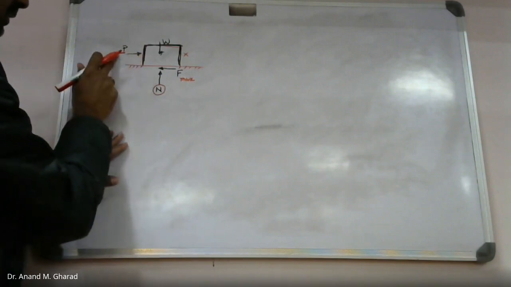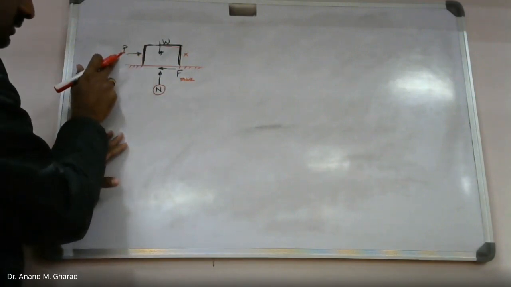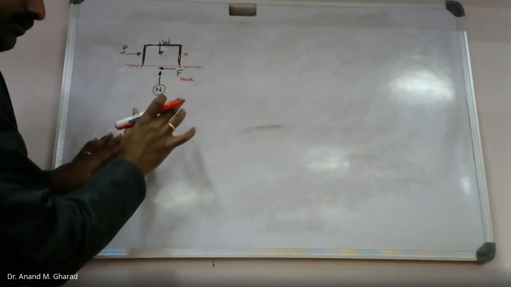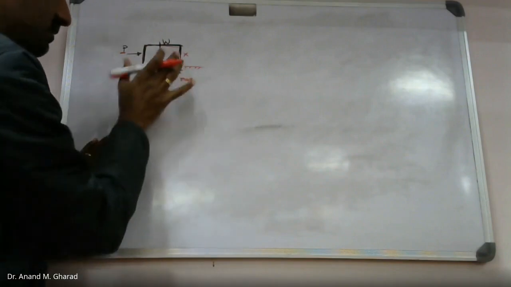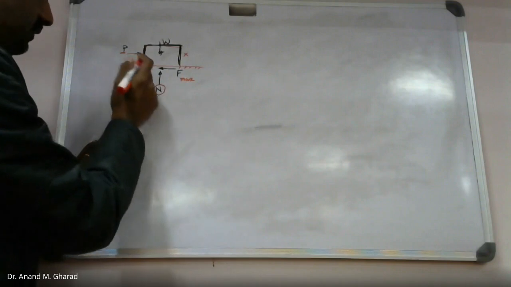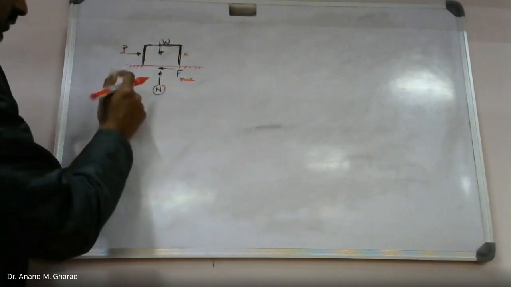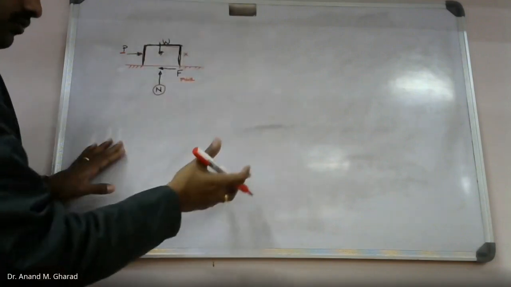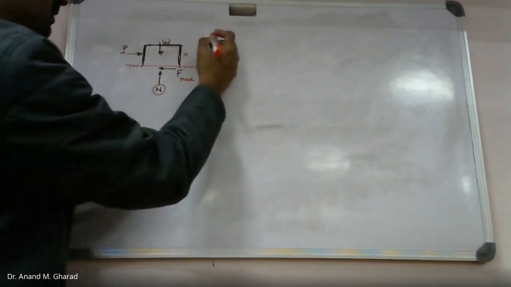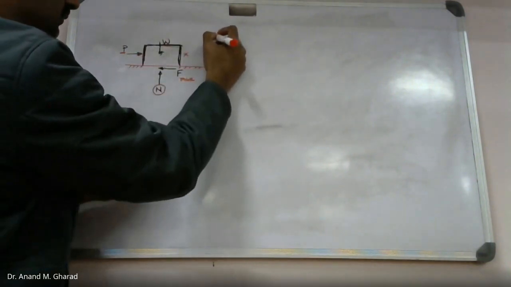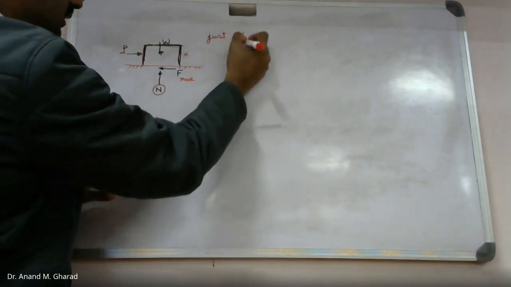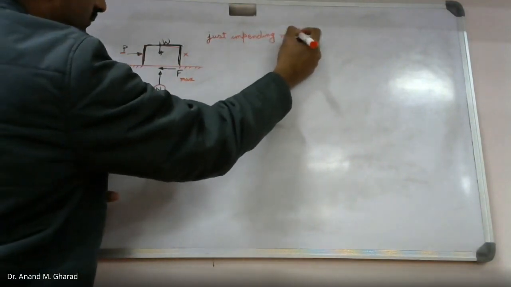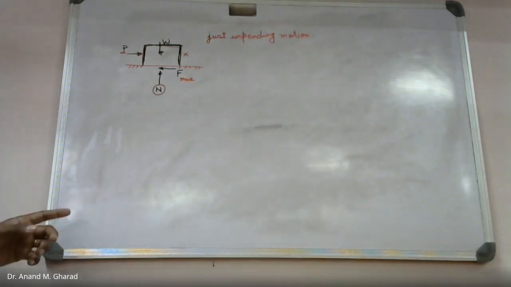this force P, whatever is available over here, is causing this rigid body to be in equilibrium. Try to understand. This body is still in equilibrium, but after a small increment or further increment of the P value, this rigid body will move. That means this condition is known as the just impending motion condition, right?